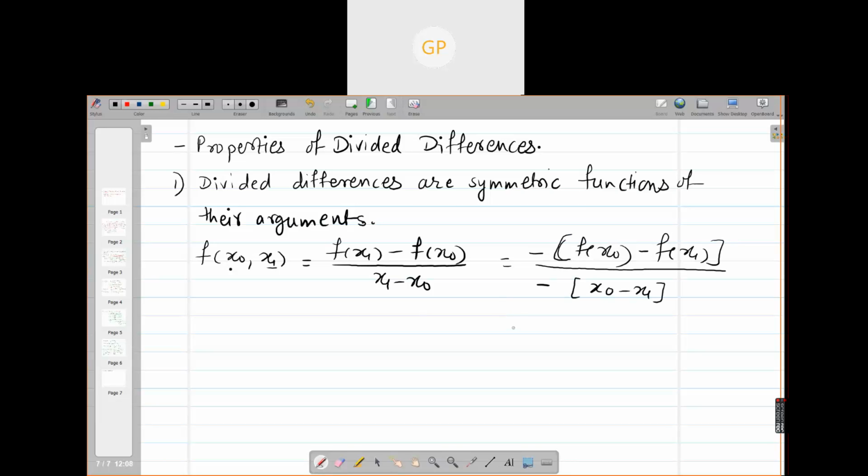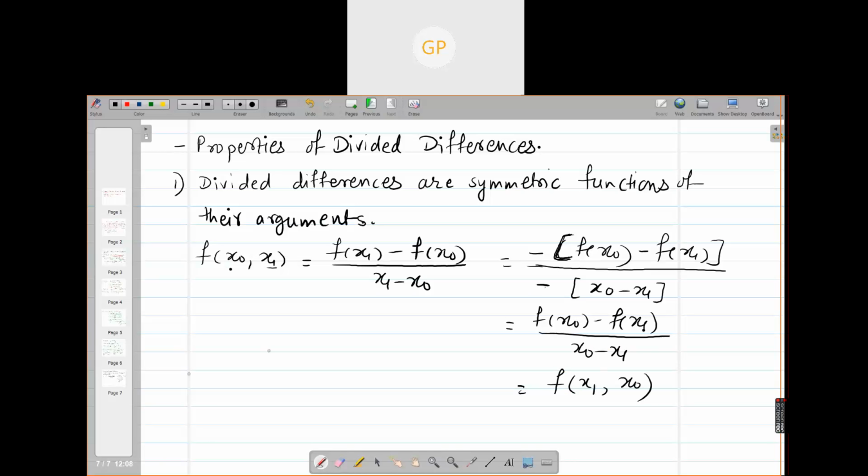Do you understand it? I have taken a minus sign common. So I am writing the same thing, and this minus sign cancels with the minus sign in the denominator. So this is the same as f(x0) minus f(x1) divided by x0 minus x1, which according to my definition I can rewrite with x1 first. What is subtracted should be written first.